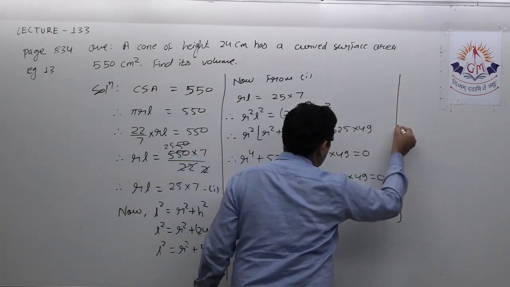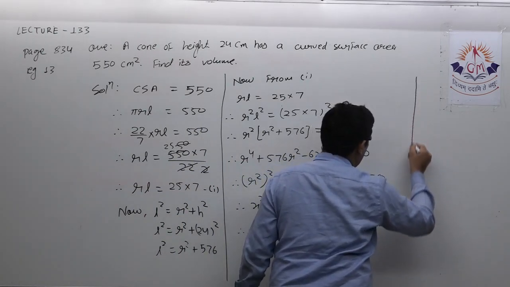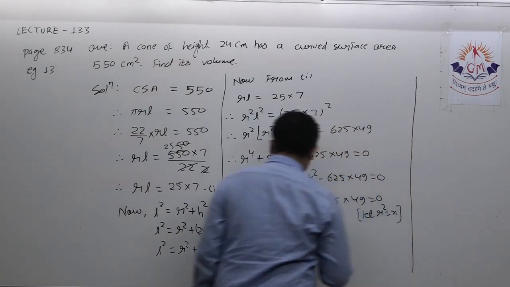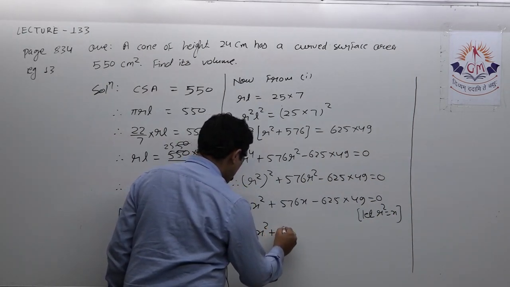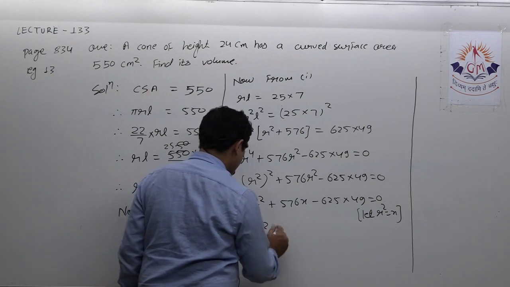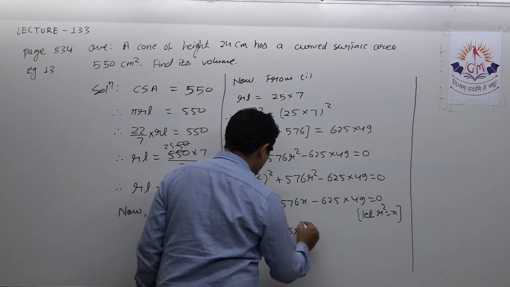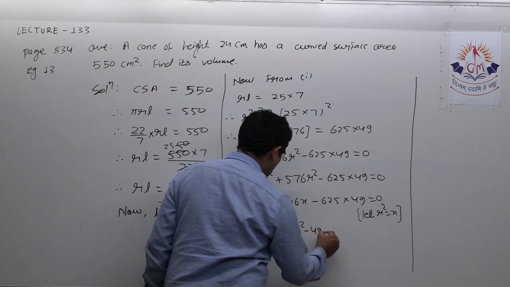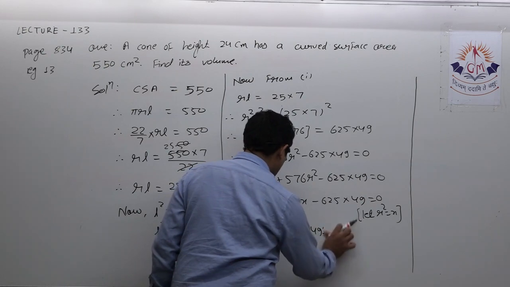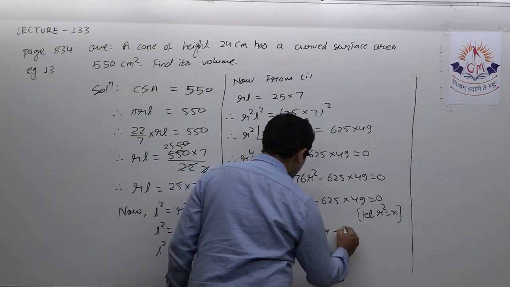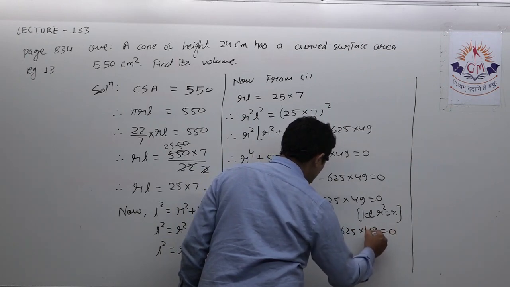So this can be written as x square plus 625x minus 49x minus 625 into 49 is equal to 0.